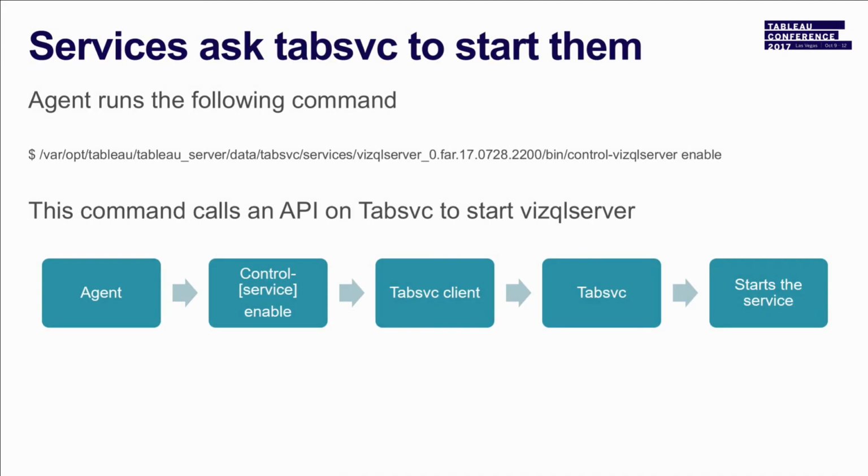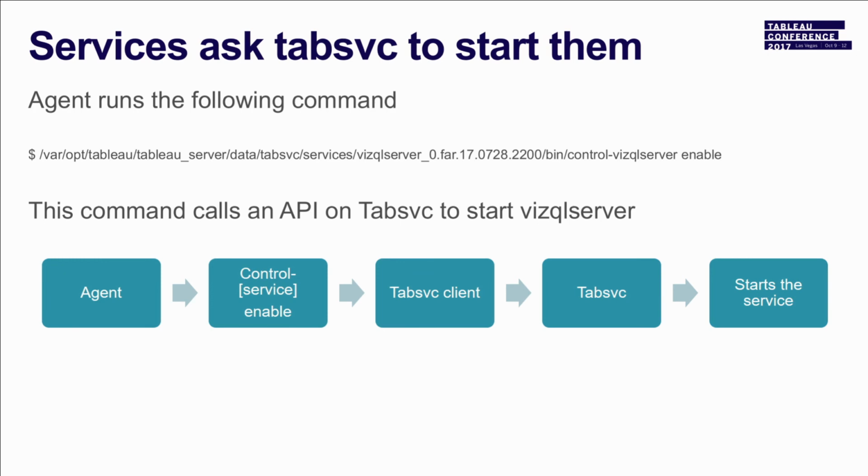And the last thing that we saw in the demo was that services ask tabsvc to start them. So again, there's this control application, and this thing has an enable command. And the services actually ask tabsvc to start them, which is a slight difference from how Windows works, where tabsvc knows declaratively what all the commands it needs to run are.